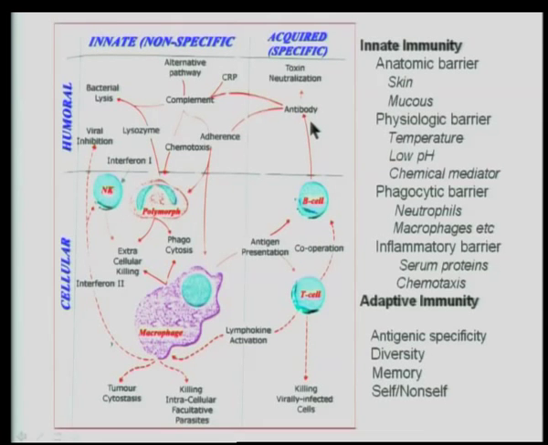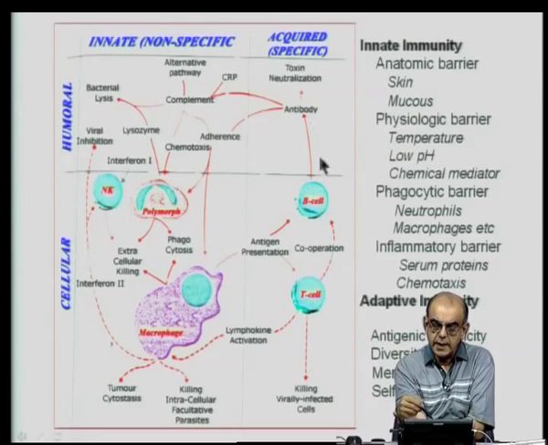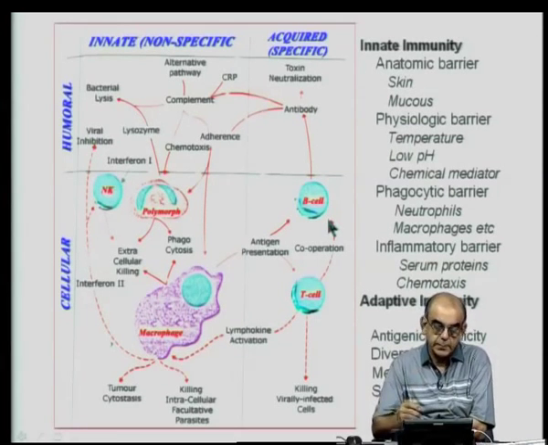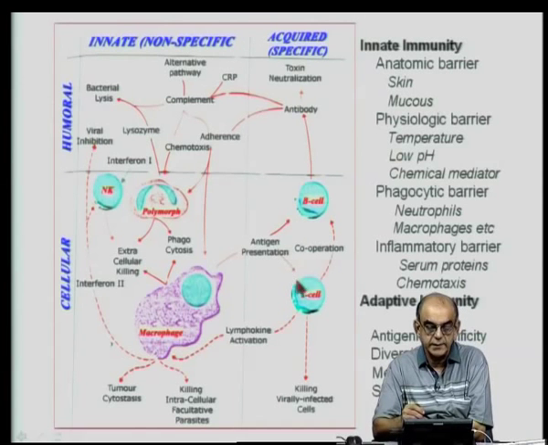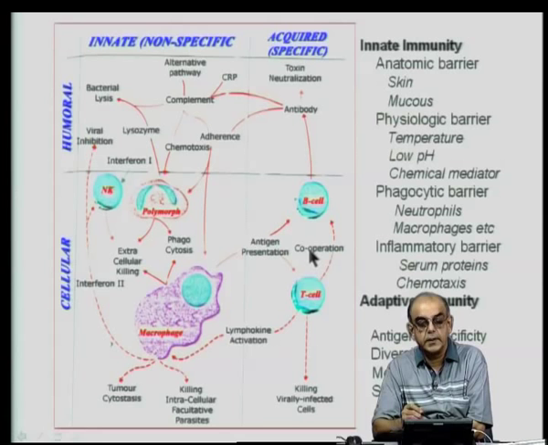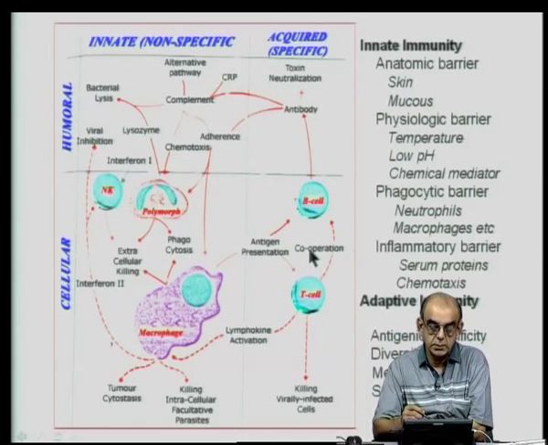So, just to recap some of the lectures that were done earlier, or to recap some of the information that is required to understand this lecture, the adaptive immune response or the acquired immune response requires T-B cooperation, and this T-B cooperation requires antigen presentation, and antigen presentation of course requires the participation of MHC molecules, which are your self signature molecules and distinguish self from non-self.